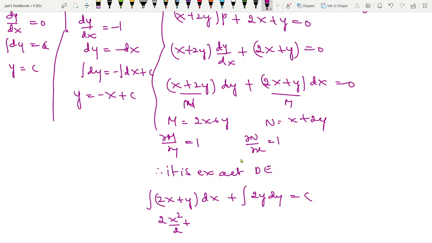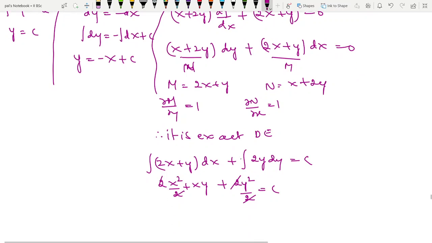Integrating this, x square by 2 plus xy, plus 2 into y square by 2, is equal to constant. The 2 and 2 cancel. So x square plus y square plus xy is equal to c is the solution.